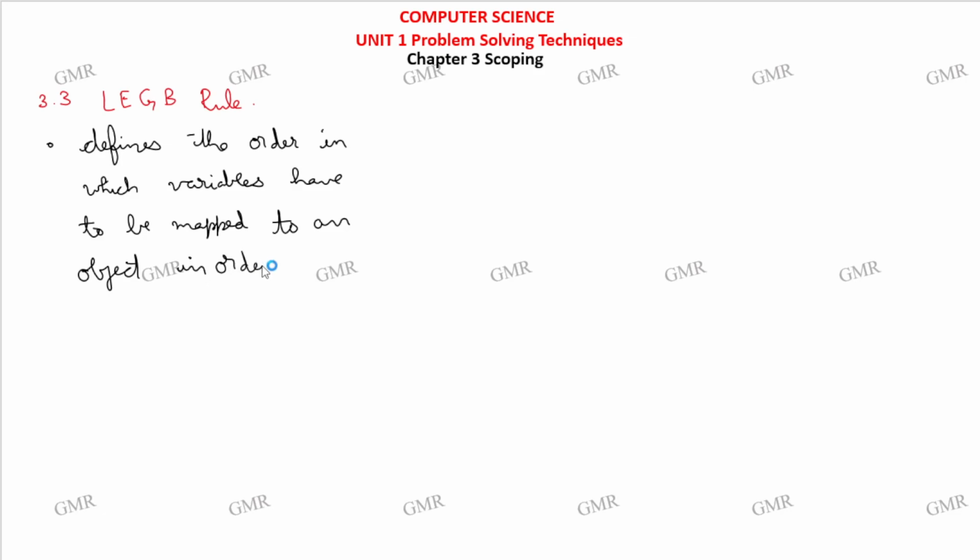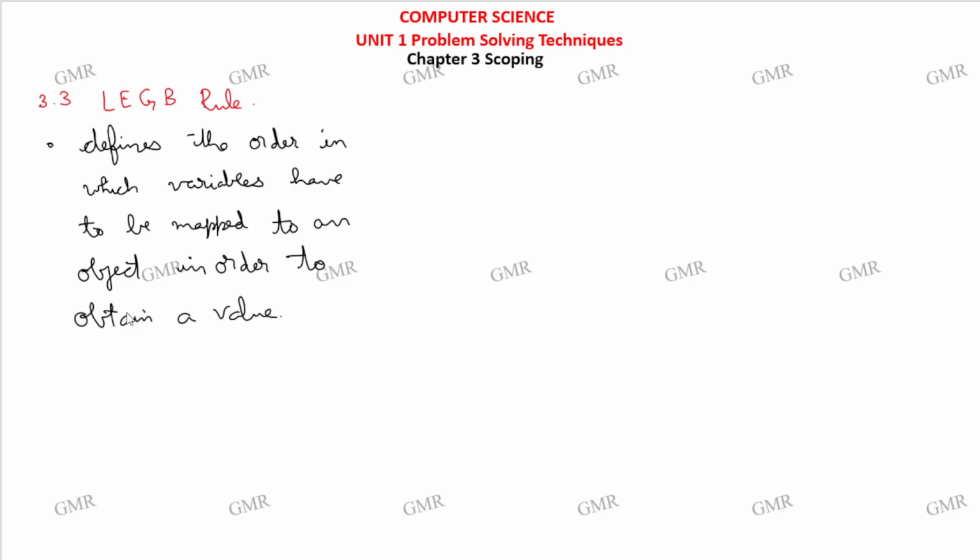So scope also defines the order in which variables have to be mapped to an object so that we can get the containing value, the proper value for that object.